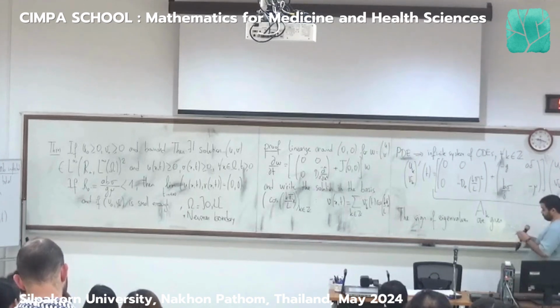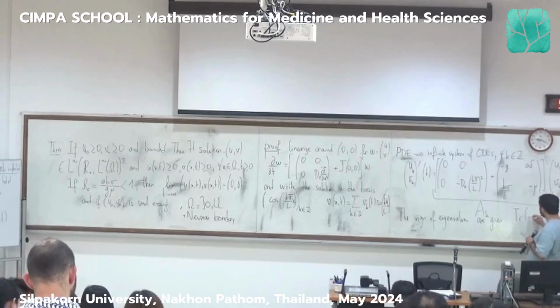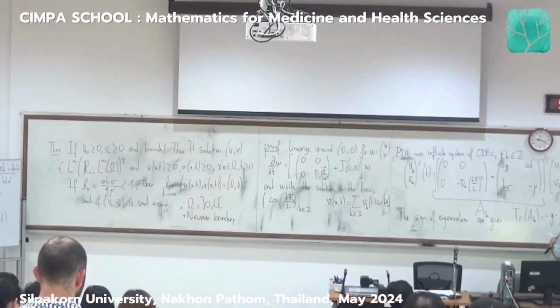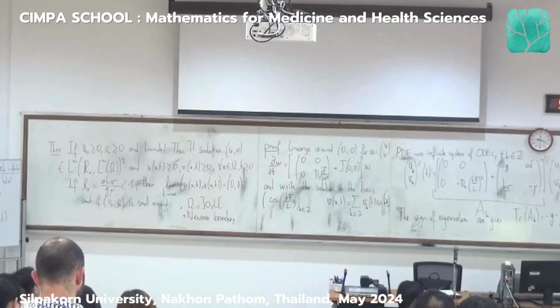So you have two eigenvalues. So we might use the sum of the eigenvalues, the trace of the matrix. So the trace of this matrix is minus T minus U minus D K squared. Okay, fortunately it's negative. Okay, so if I have two eigenvalues, this is negative.